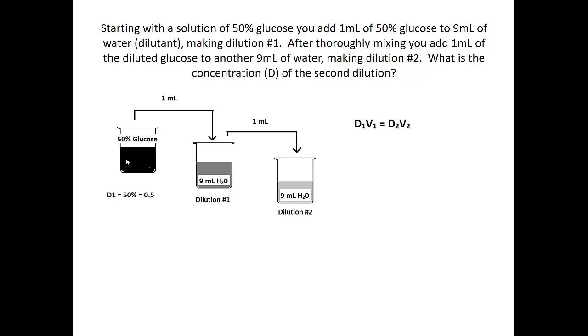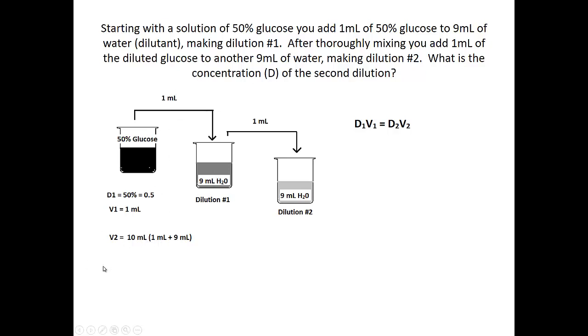Just like before, we're going to write out the variables based on what you know. These variables are going to be a little bit different than the last problems. We know the starting concentration, 50%, is 0.5. We know how much we transferred. It said to transfer 1 ml of 50%, so we know the variable for V1. We also know V2, because V2 is going to be 9 mLs plus the 1 ml to give us 10 mLs.